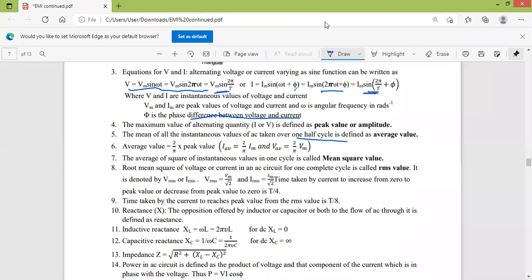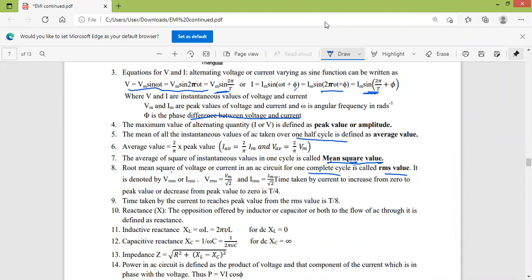The average of the square of the instantaneous values in one cycle is called the mean square value. If you take the square root of this mean square value, that is called the RMS value: the square root of the mean square of the voltage or current in an AC circuit in one complete cycle. Why do we take the square?